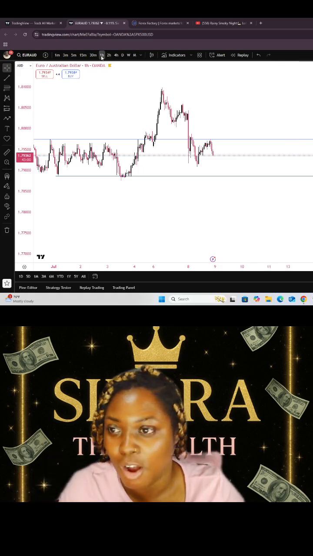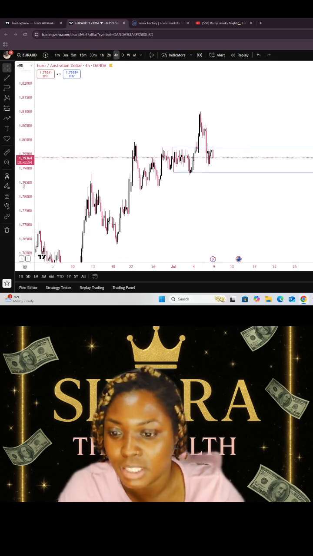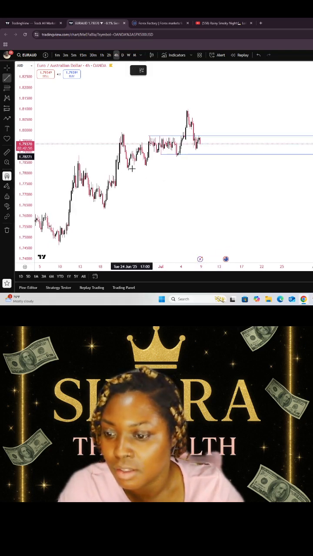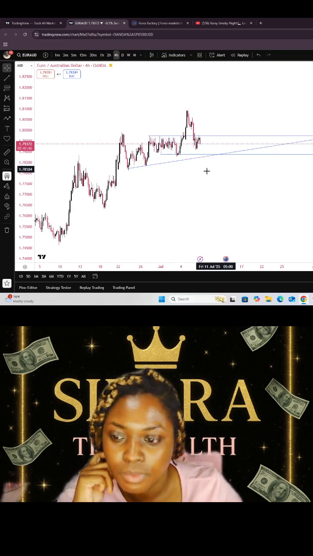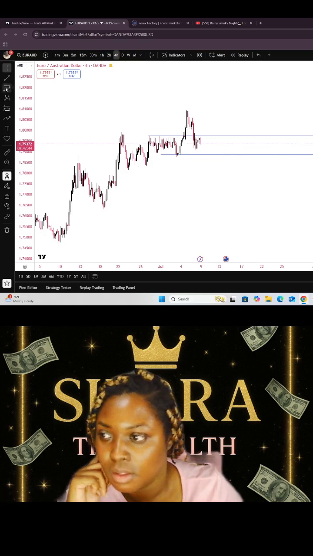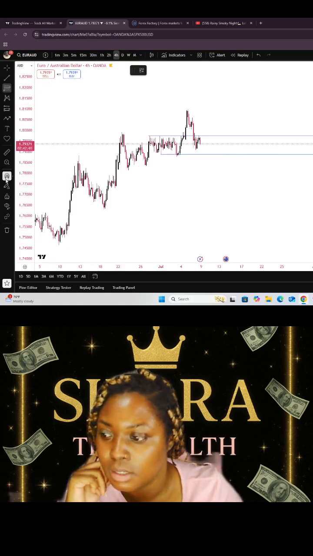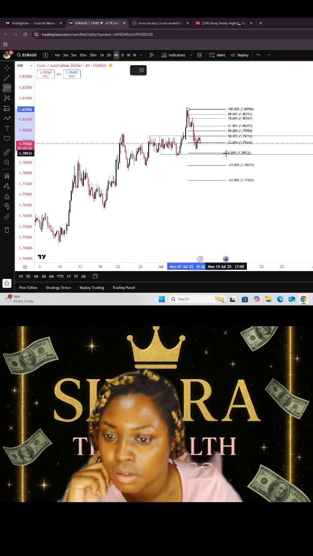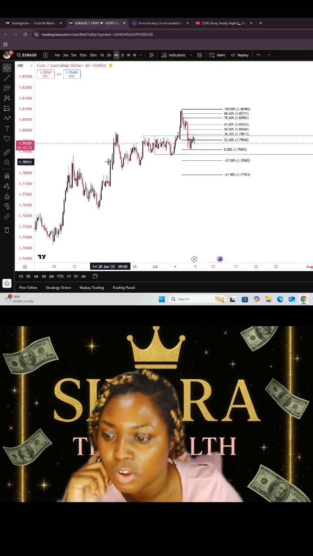Hopefully y'all got in your AUD. Again, stop loss is here above this wick, and TP is, I want to say is here, but let me see about this trend line. Let's see. $227. Okay.